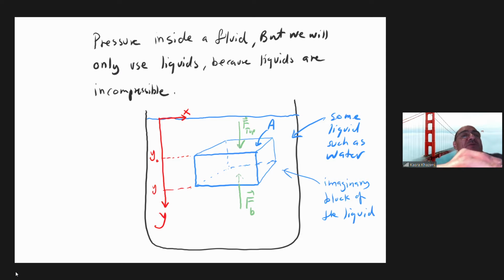So the top force is due to the pressure at the top depth, and the bottom force is due to the pressure at the bottom depth. And of course, there's also the weight of this entire block, right? This entire block has a weight.